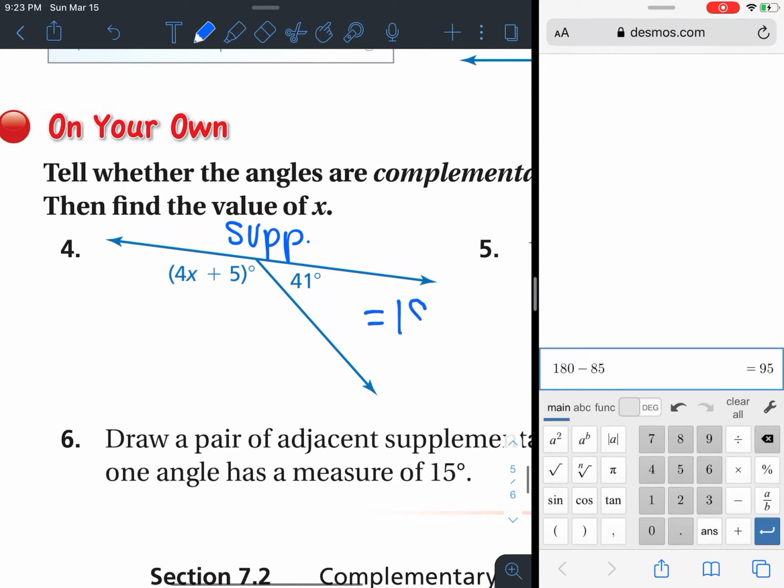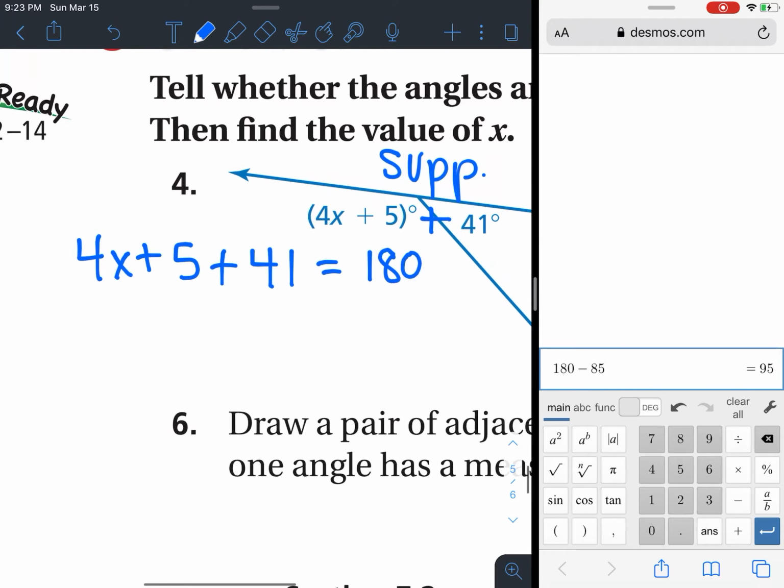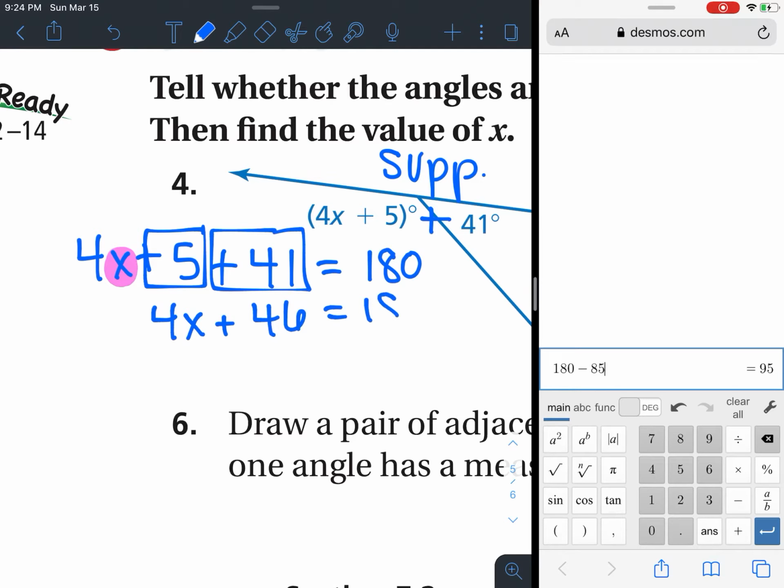So that means 4x plus 5 plus this other angle, 41, equals 180. Now we're trying to solve this equation for x. First step, combine like terms. 5 plus 41 gives us 46. So now 4x plus 46 equals 180. Next step, subtract 46.